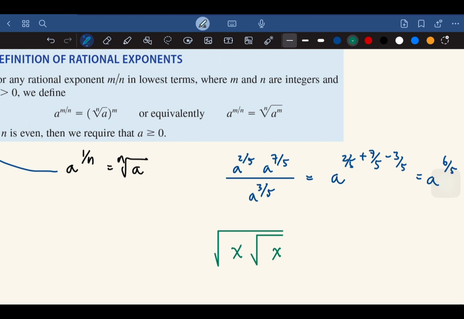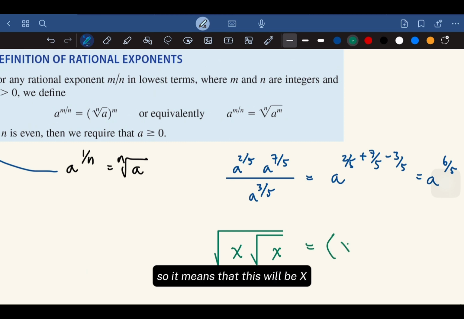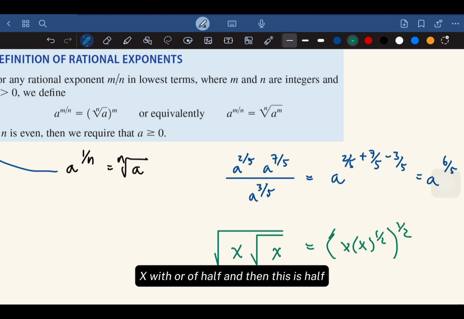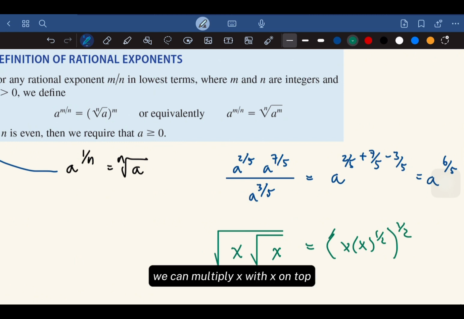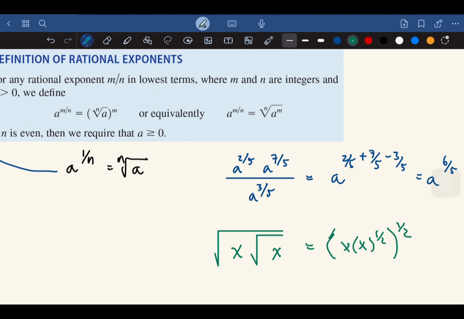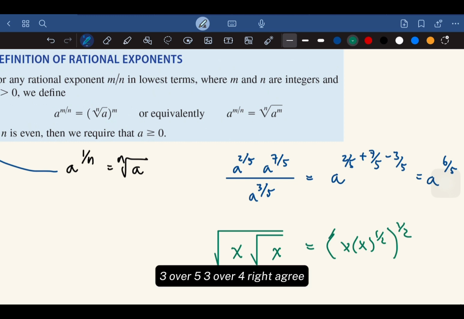So this will be x with power of half, and then this is half. Which means that we can multiply x with x to the power of half. It means 1 plus 1 over 2, it's 3 over 2, and then multiply by 1 over 2, 3 over 4, right?